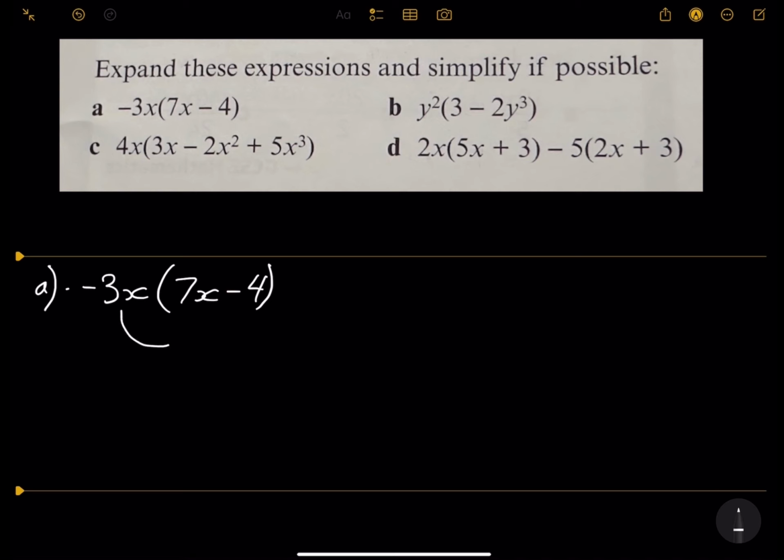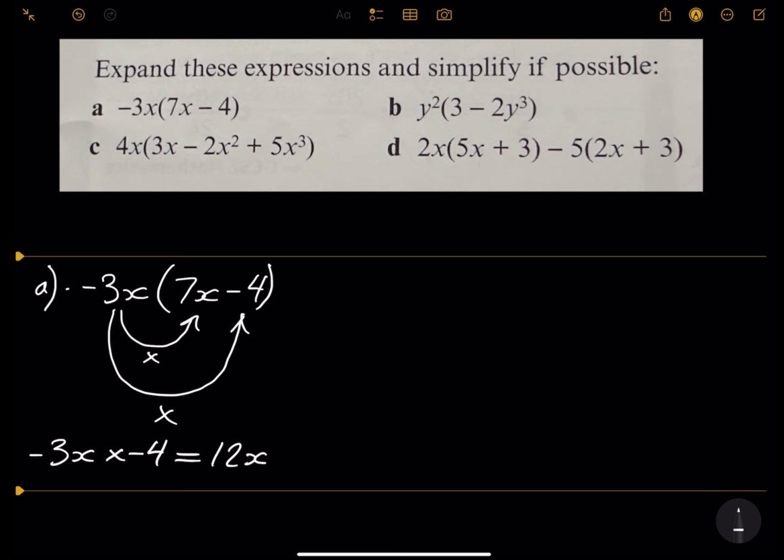So we must multiply minus 3x by 7x, and minus 3x by minus 4. Let's start with the easier one: minus 3x times minus 4. A negative times a negative gives a positive, so this will give us 12x.